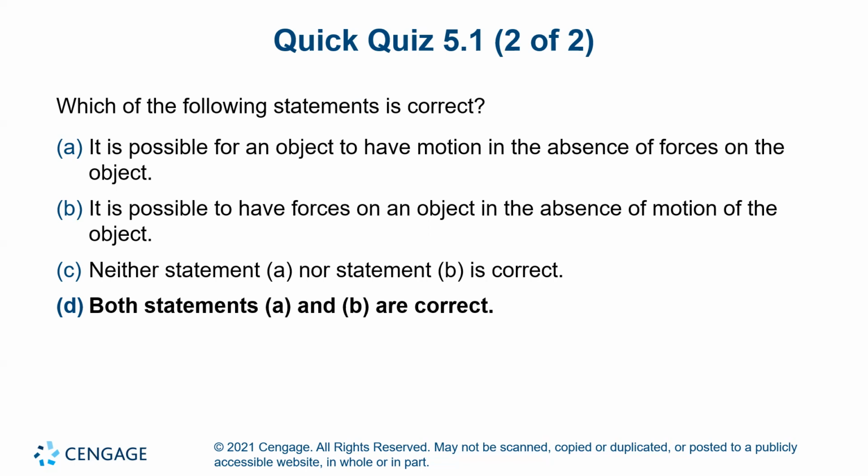It is just in a state of constant velocity. And the only way for that to change is if a force acts on it, either to slow it down or to speed it up. So there's nothing special about the object moving at constant velocity.